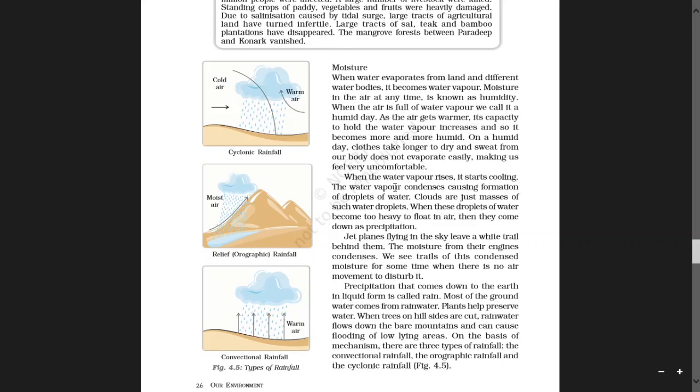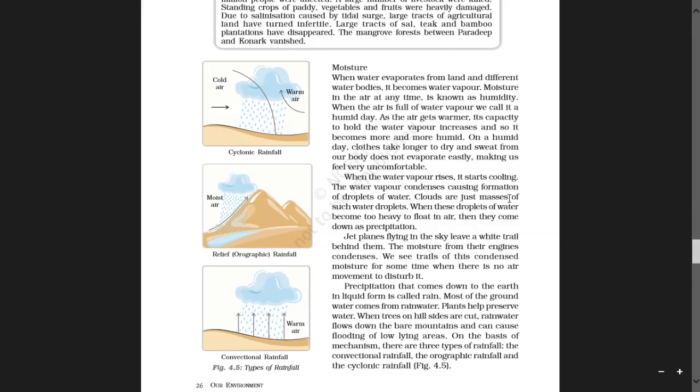When the water vapor rises, it starts cooling. The water vapor condenses, meaning it changes from a gas or vapor to a liquid, causing the formation of droplets of water.